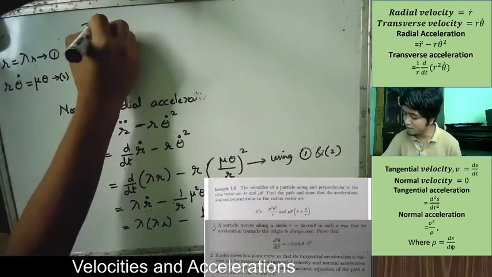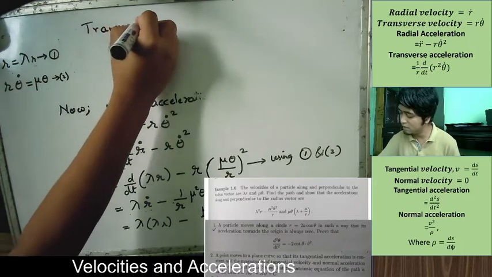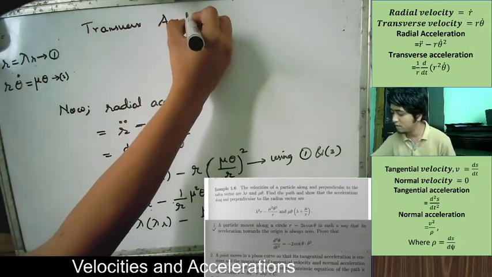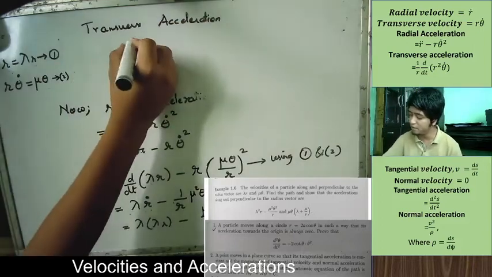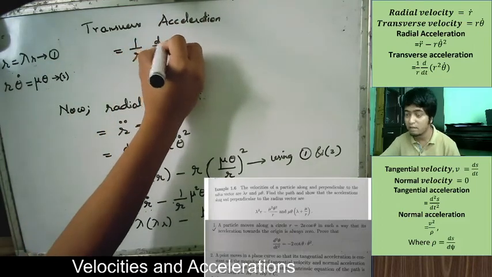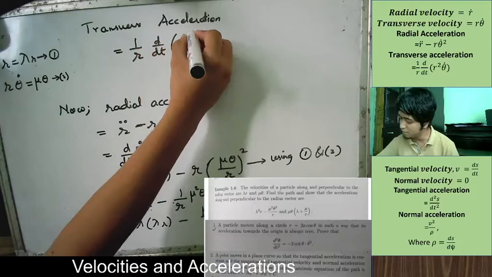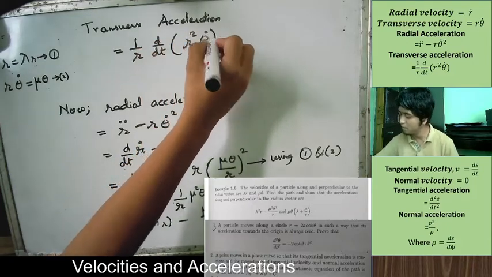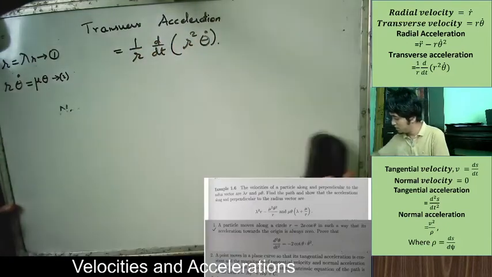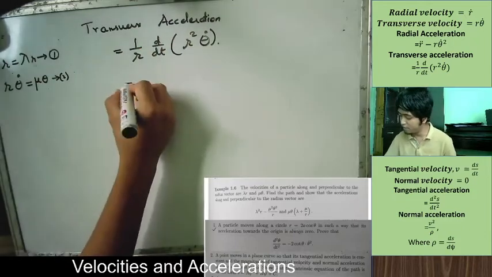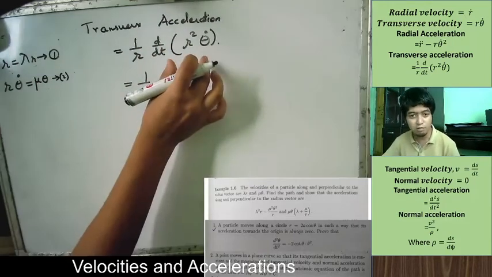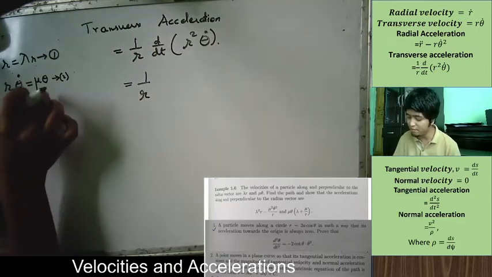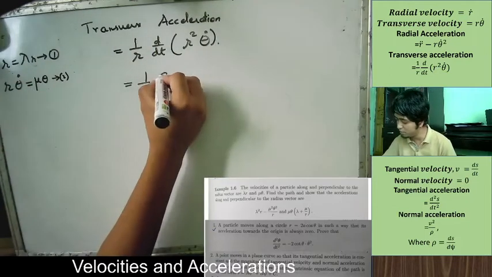Transverse acceleration, according to the formula above, is 1 upon r d/dt of r square theta dot. What we can do over here is use the product rule, but actually we can simplify first by using equation 2.